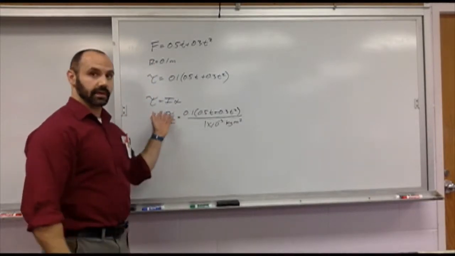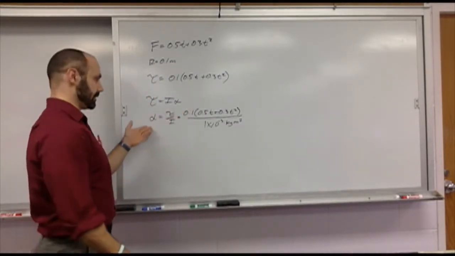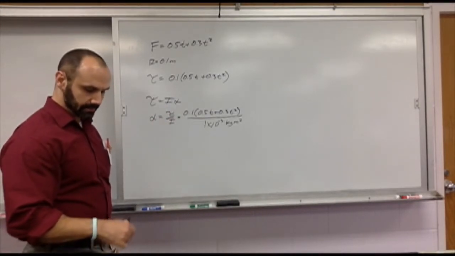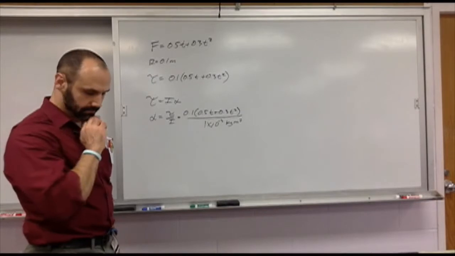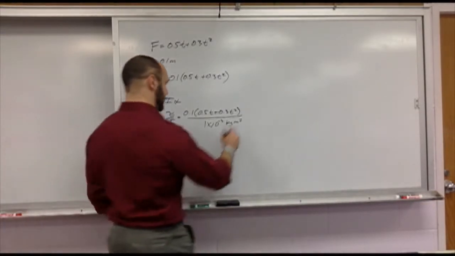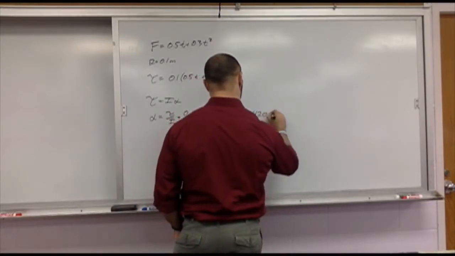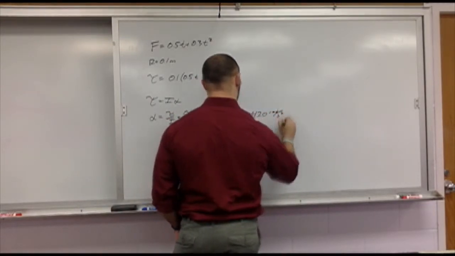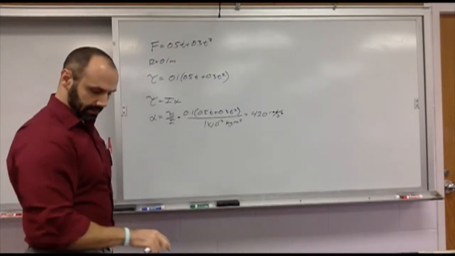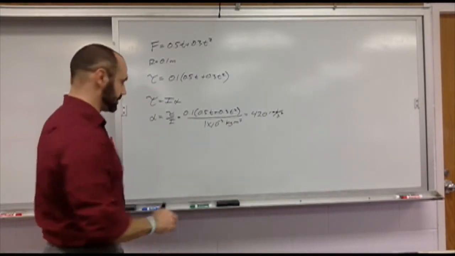So now all I have to do to get the angular acceleration at that time is to plug in 3 for t. When you plug in 3, what we end up with is 420 radians per second squared.